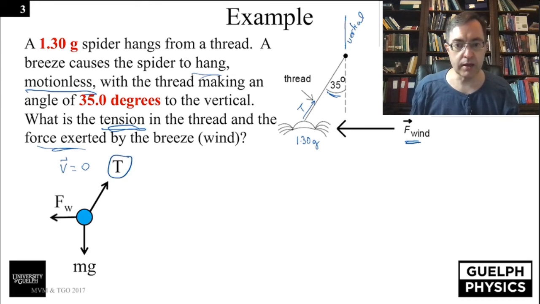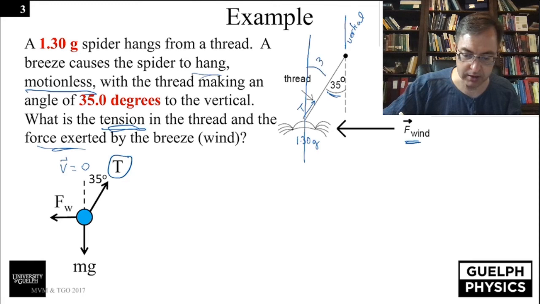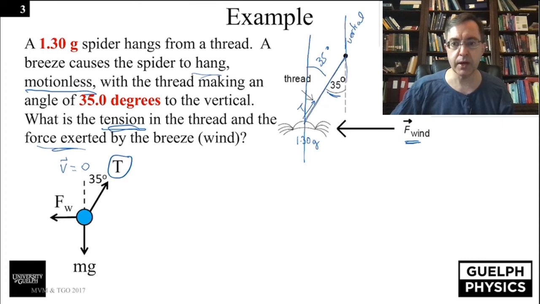And then the wind force is pointing to the left, and it is given by F sub W. And the tension force is at 35 degrees with respect to the vertical, okay? So again, if I were to draw here another parallel line, this is actually also 35 degrees by the parallel line theorem, okay?